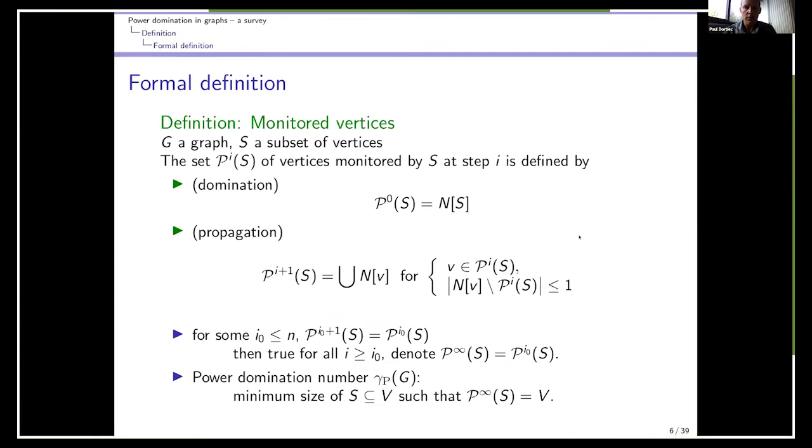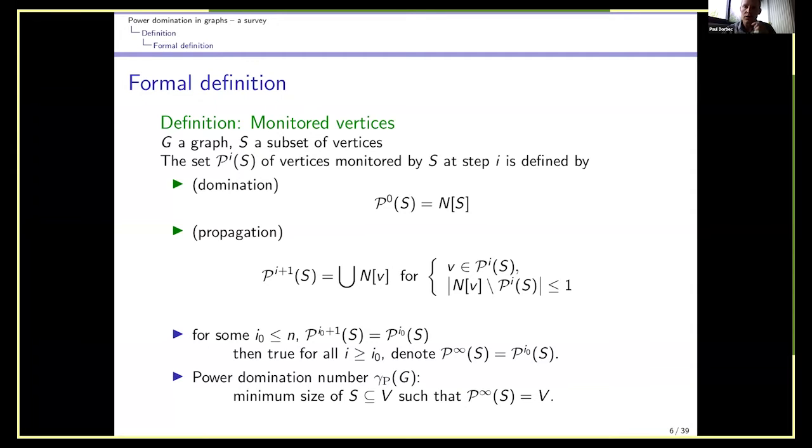Okay. So if I want a very formal definition, which will be useful because I will define the propagation step. So this is a more formal definition of the problem. If I have a graph G, I consider a subset of vertices S, and I will define P^i(S), the set of vertices monitored from S at step i. So initially, the set of vertices monitored by my set S is just the closed neighborhood of the set, or the union of the closed neighborhoods of all vertices in the set.